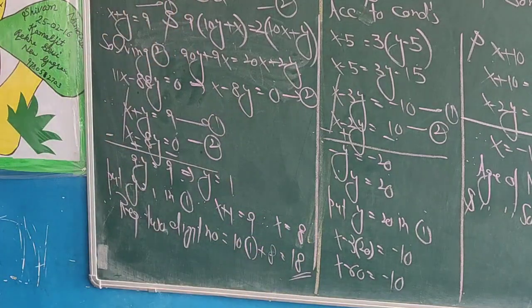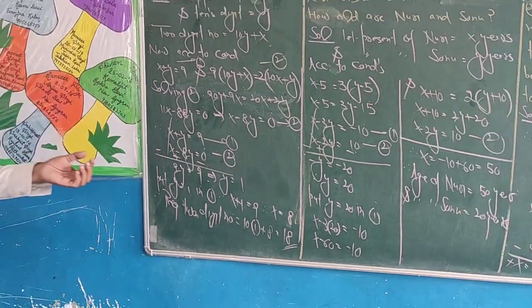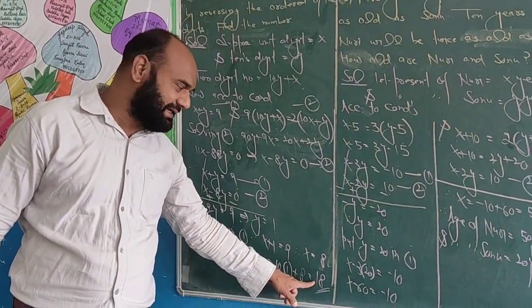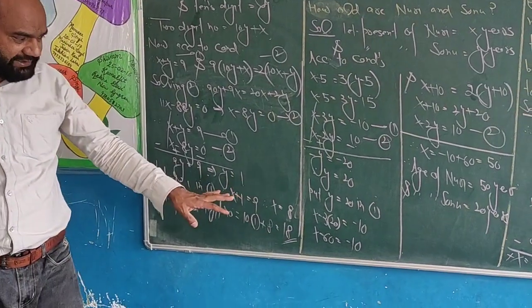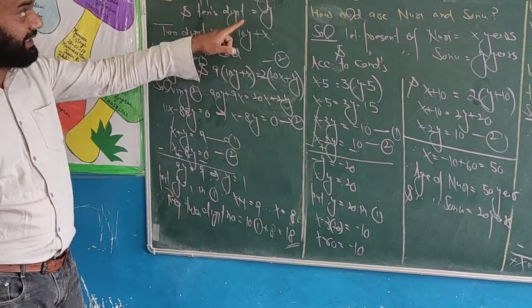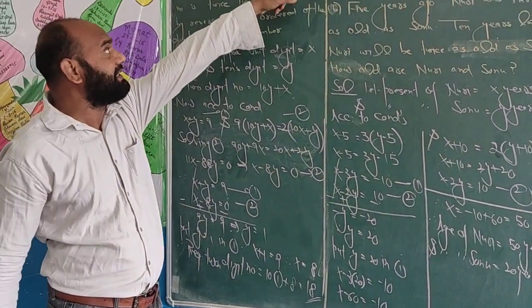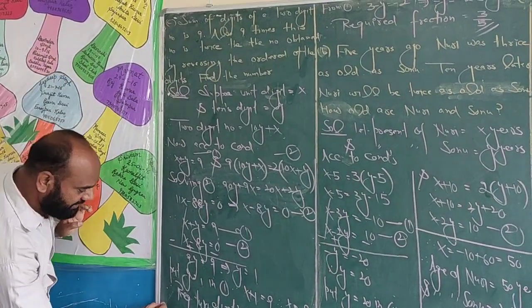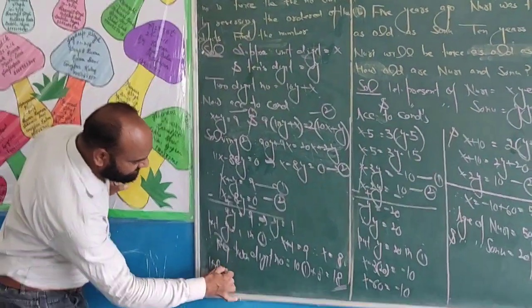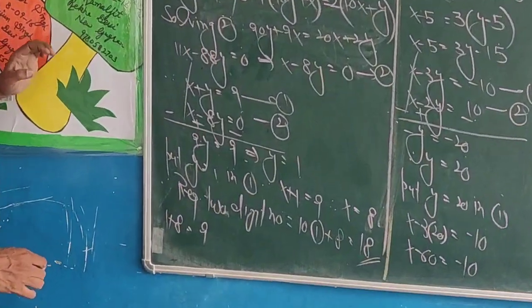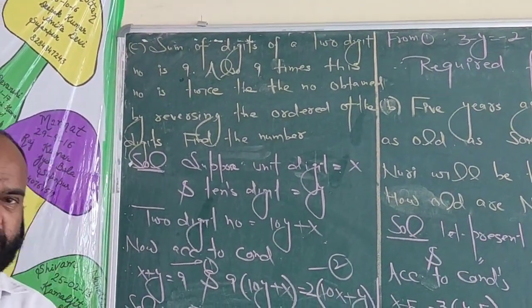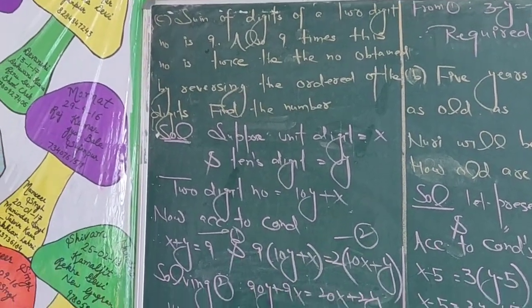And we check our condition. First of all, this is its unit digit and this is its tens digit. When we add these two digits, 1 plus 8 is 9. The first condition is that the sum of the digits of the two-digit number is 9, and 1 plus 8 is equal to 9. The second condition is that 9 times this number is twice the number obtained by reversing the order of the digits.